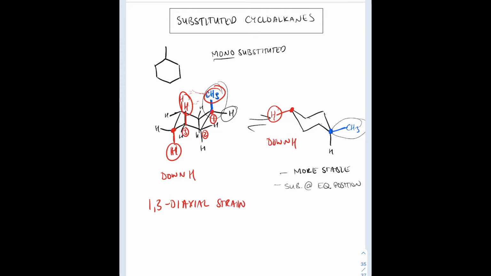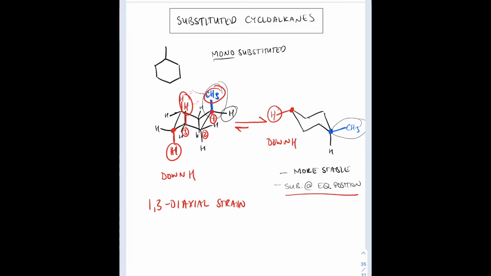And so this is referred to as 1,3 diaxial strain, and is basically going to result in steric hindrance or steric strain. And again, this is why we want our substituent to be at the equatorial position, because we can actually draw our equilibrium with the larger arrow headed to the right and then a little baby arrow headed to the left.